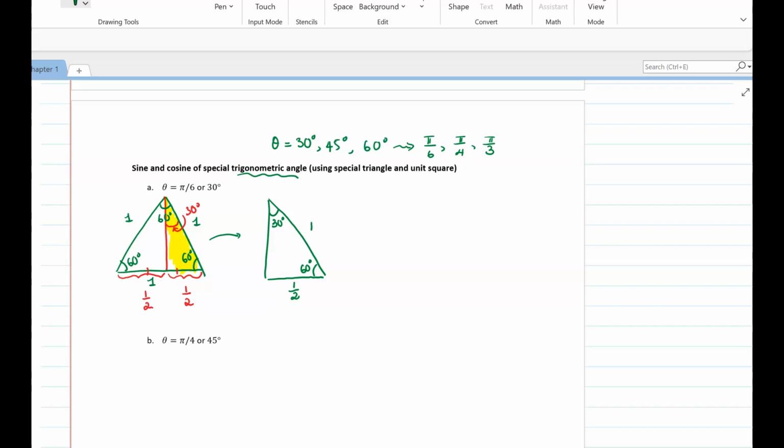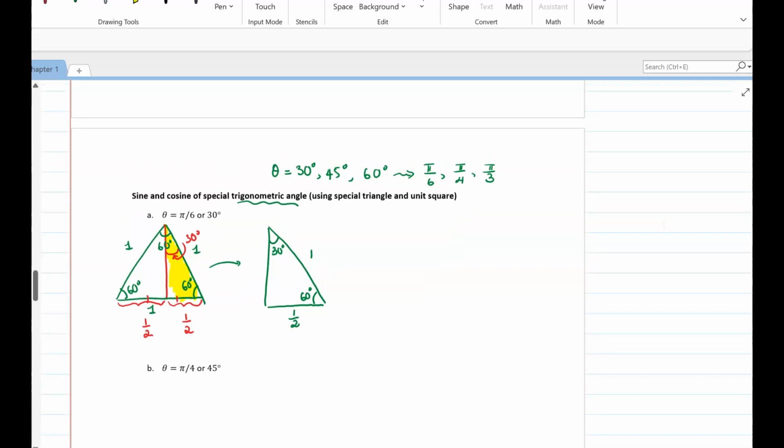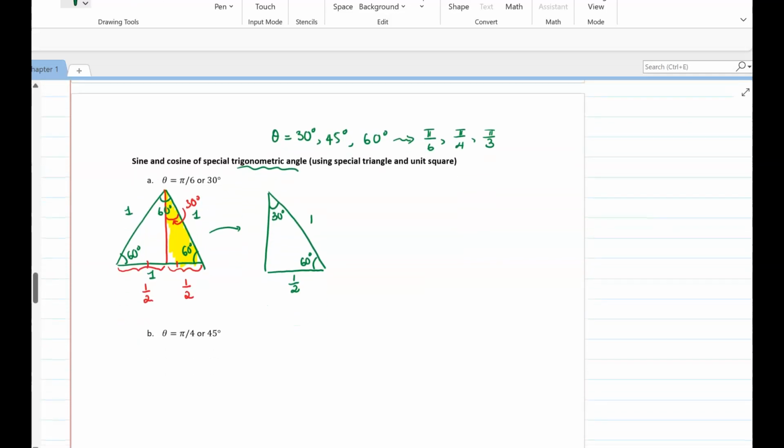This is 1. Okay, so then, remember sine of 30 degrees. Let's turn this triangle so that the hypotenuse matches the radius on a unit circle. This is our radius, this is 1, this is 1/2, and this is 30 degrees.